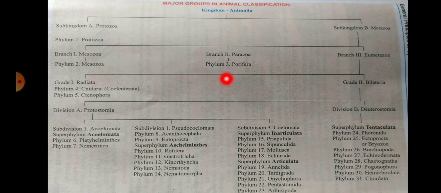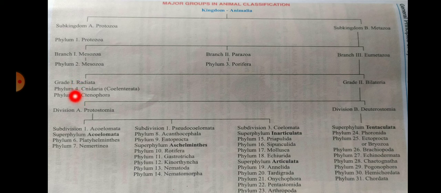Branch second also consists of one phylum, that is, phylum Porifera. Branch third, that is, Eumetazoa, is divided into two grades. Grade first is Radiata and grade second is Bilateria, and these grades are divided on the basis of their symmetry.